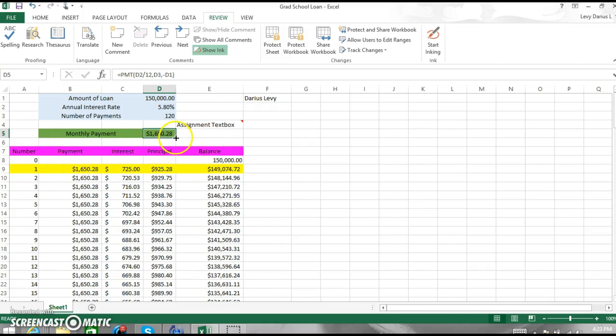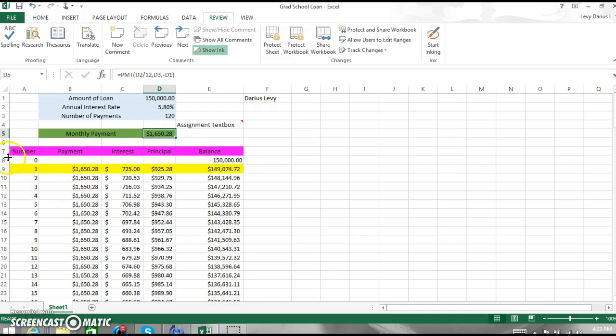After I plugged in this formula, it wasn't numbers, it was just a formula. Then I went ahead and put in the numbers that were given, and it gave me this monthly amount.